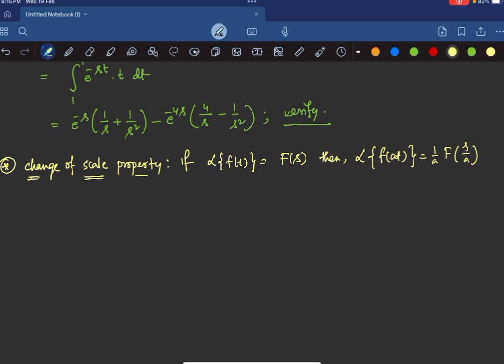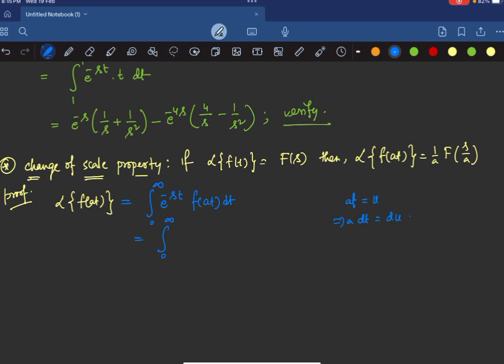If you want, you can go through the proof. I'm just giving you the outline. The Laplace transform of f(at) is given by the integral from 0 to infinity of e^(-st) f(at) dt. Now here we put the substitution at = u, so that a dt = du.